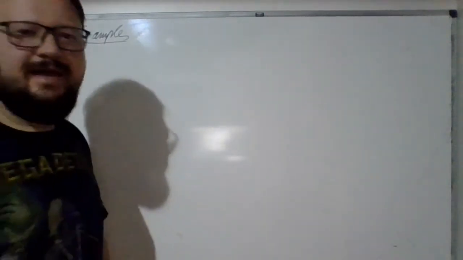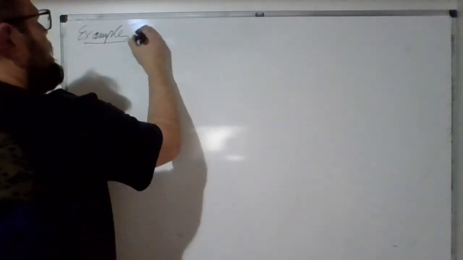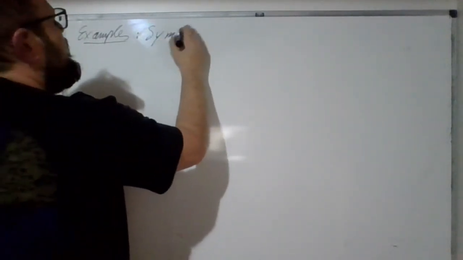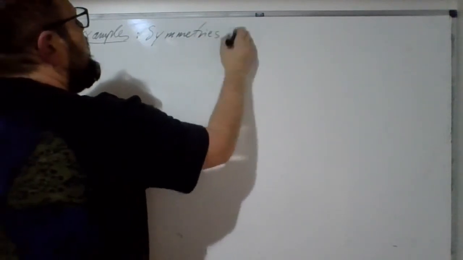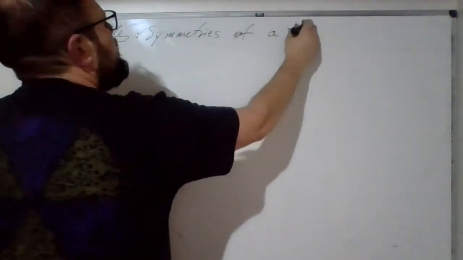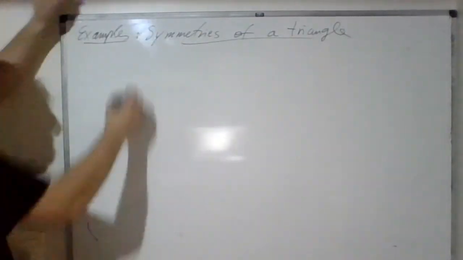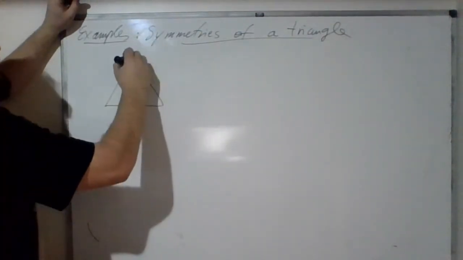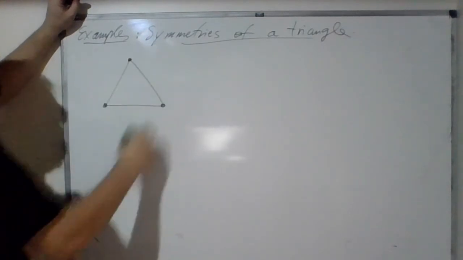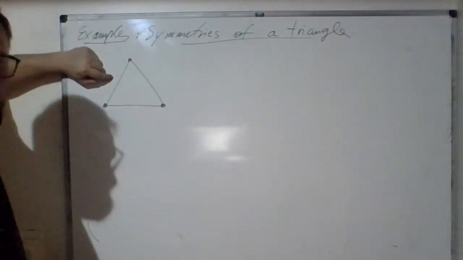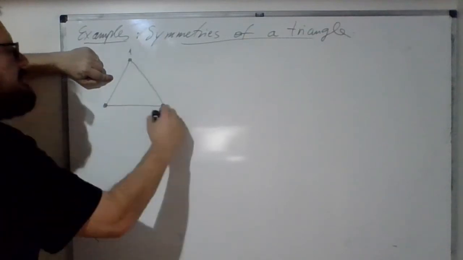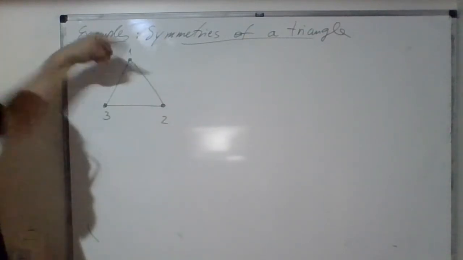Another example which we can consider is the set of symmetry operations of a triangle. If you label the points of the triangle, right? 1, 2, and 3, you label the points.